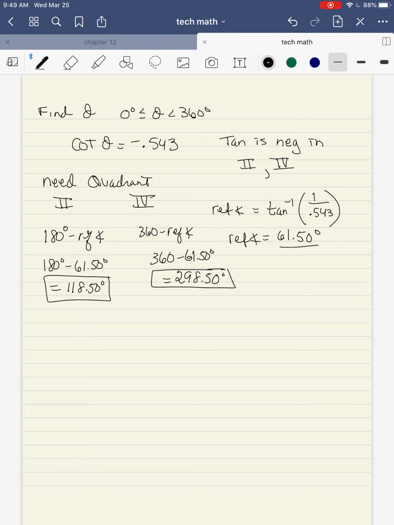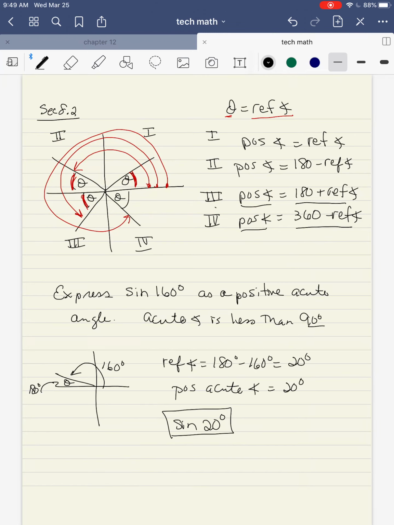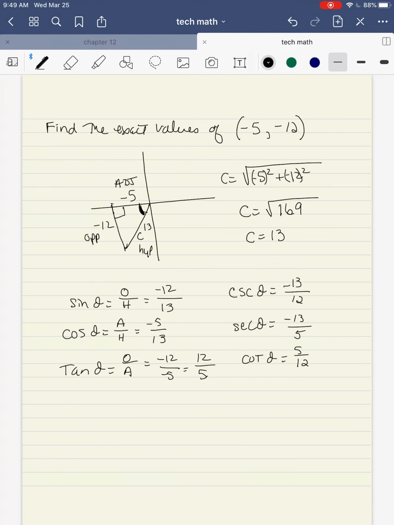Find theta such that the cotangent of theta equals a negative 0.543. Cotangent belongs with tangent. Tangent is negative in quadrants 2 and 4. It might be helpful if you have those pages printed out while you're looking at this.